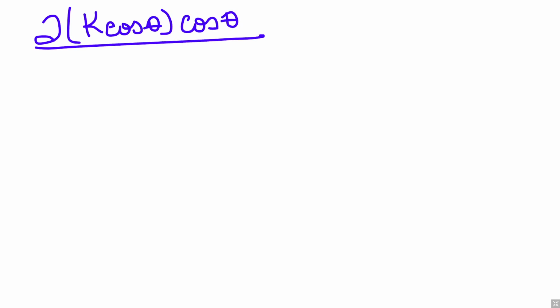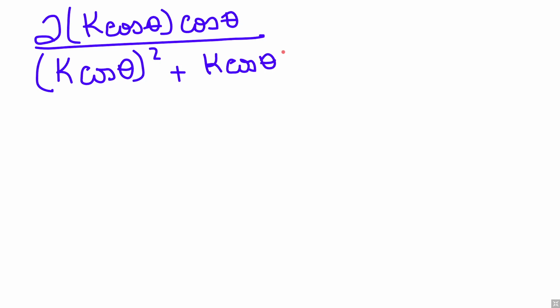Basically what I'm going to have is 2 times k cosine of theta times cosine of theta over k cosine of theta squared plus k cosine of theta times cosine of theta.